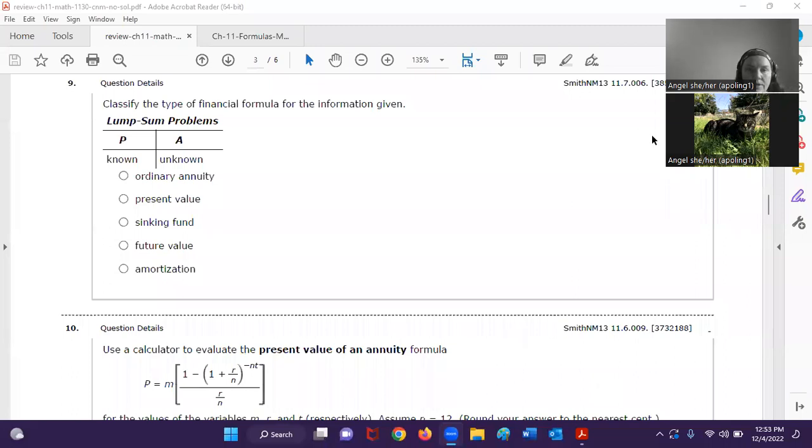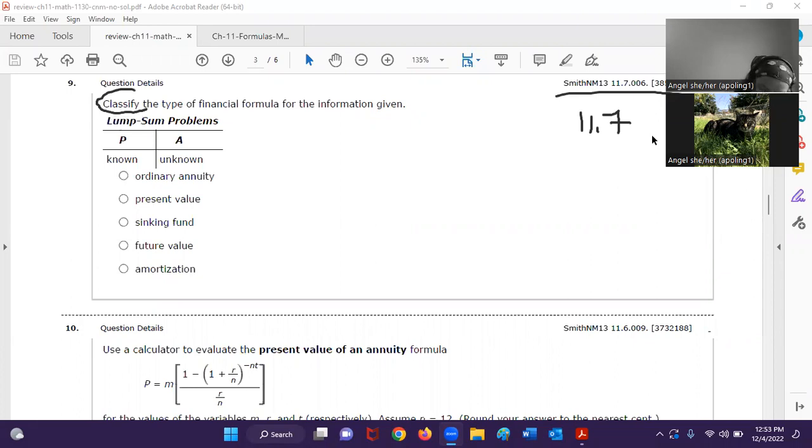All right, number 9 asks us to classify the type of financial formula for the given information. So this is one of those 11.7 questions where you're just asked to identify or classify, as they name it here.